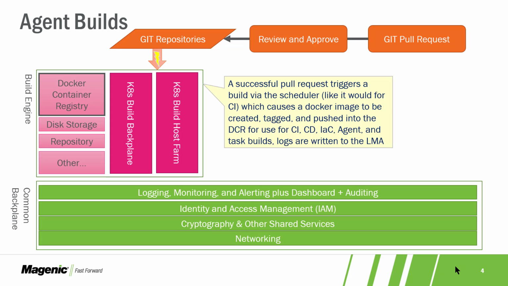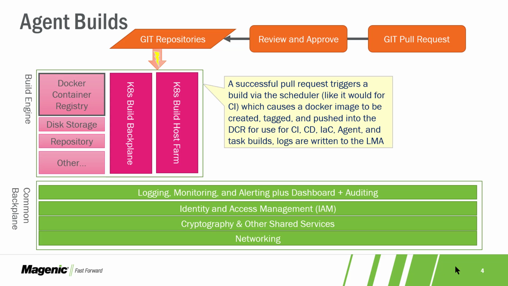And in fact, eventually that job will be handed over to Kubernetes itself to stand up the container in a pod and grant it the appropriate permissions and run it. And then in this case, the output of that build process is going to be another Docker image, which will go into the Docker container registry.